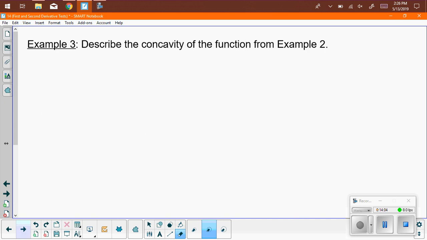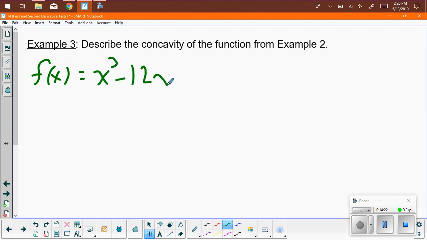So for example 3, we'll go back to the function we were both talking about and test for the concavity. As a refresher, my function was x cubed minus 12x.